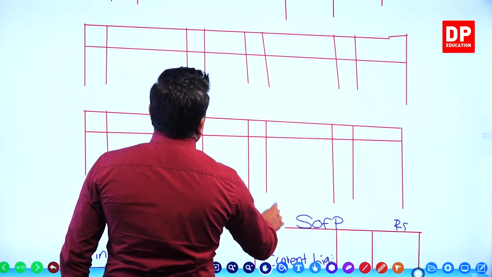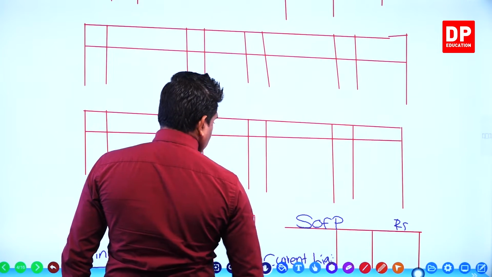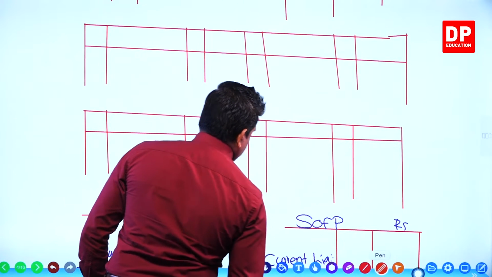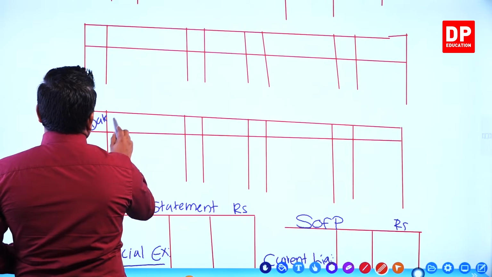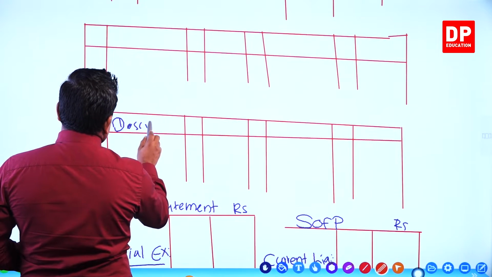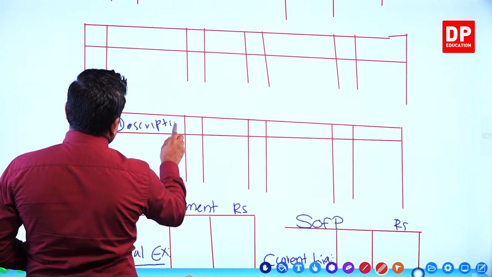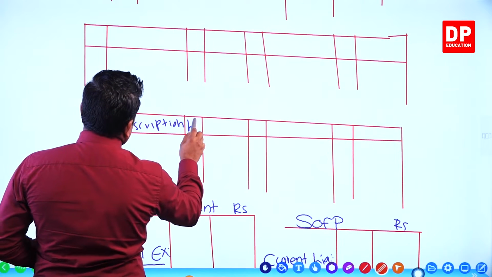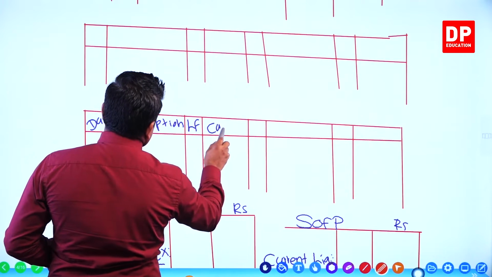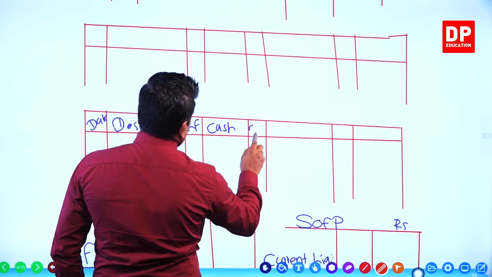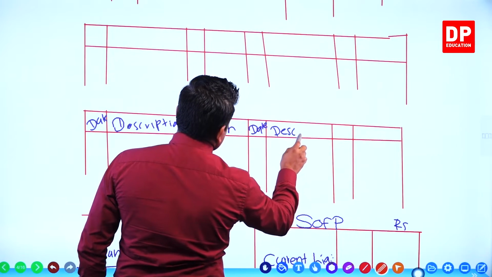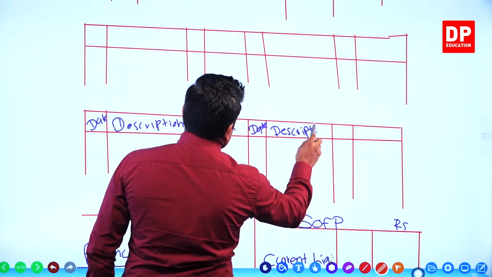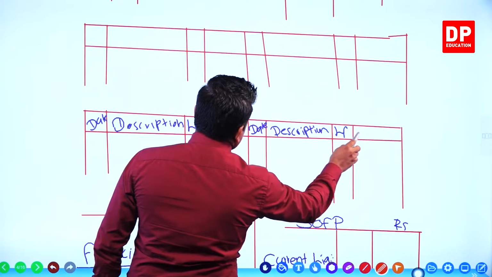Now you name these two accounts, right? Date, description, ledger folio cash. Date, description, ledger folio cash.